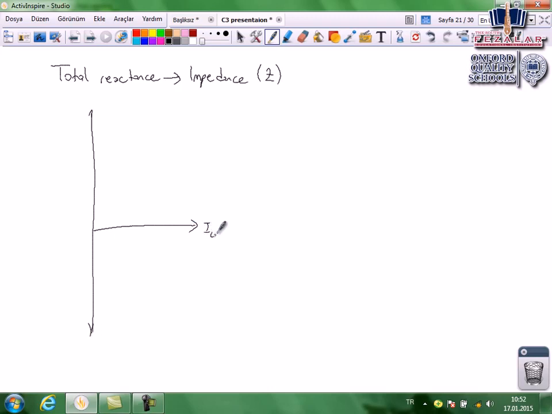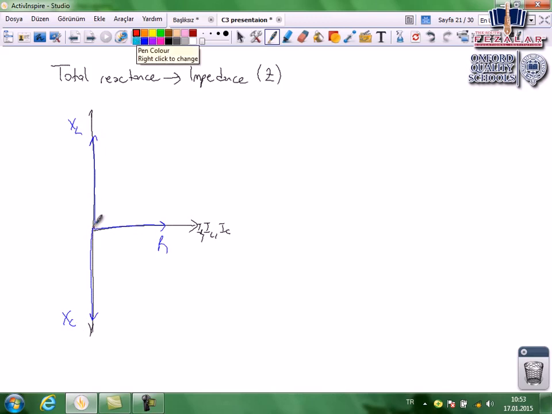Here we have IR, IL, and IC. With VR, in the same direction, we have R. Here we have XL. For VL there is XL, inductive reactance, and for VC there is XC. As you see, there are two vectors again on the y-axis, so we will take the resultant of them.